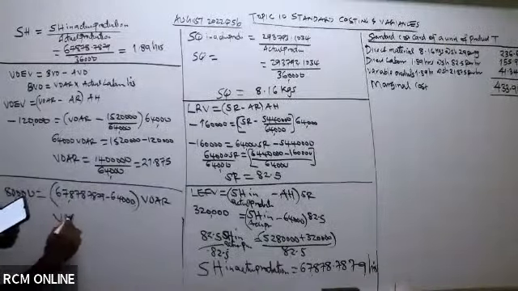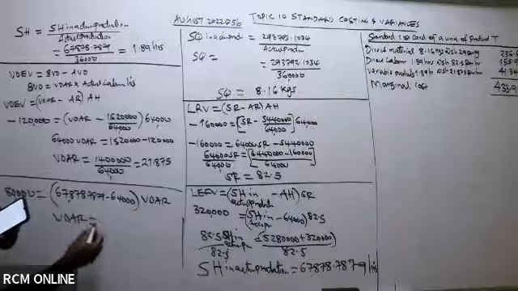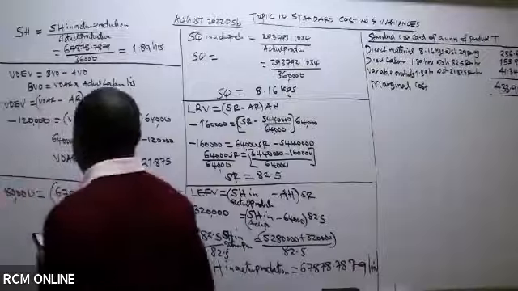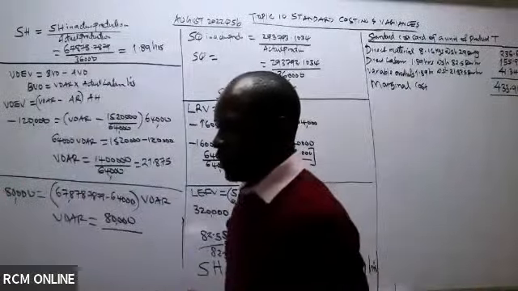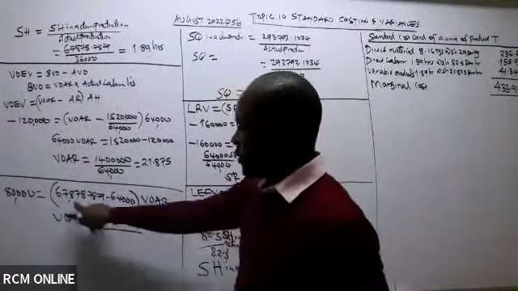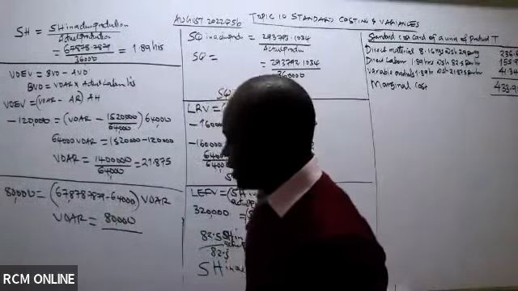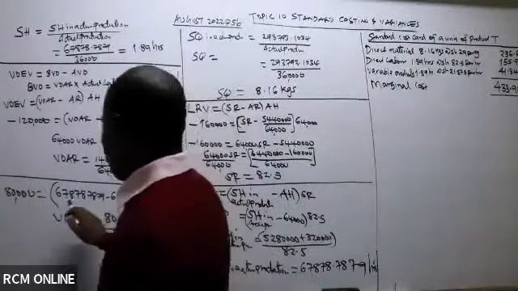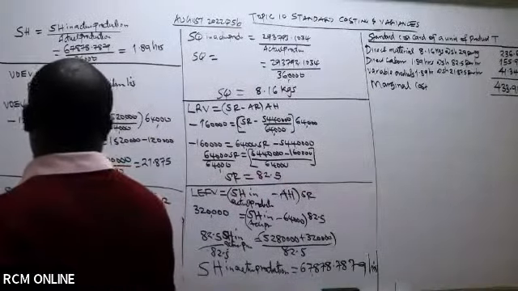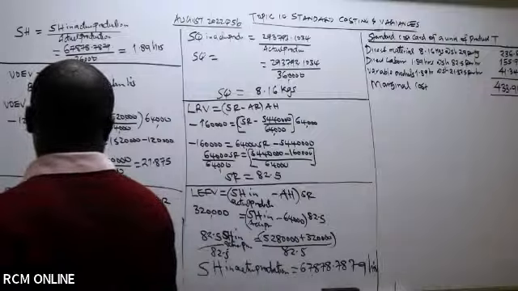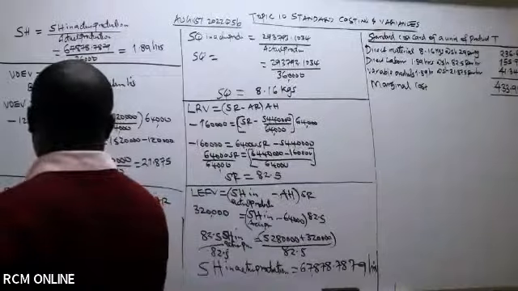So variable overhead absorption rate is equal to 80,000 divided by what you have, 3878.7879. What is our VOAR?